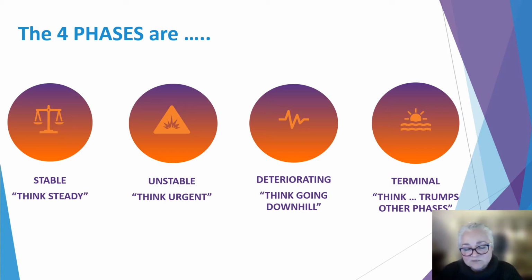If the person has moved into a terminal phase, this is indicative of the last days of life, and therefore the terminal phase trumps all the other phases. If that person has moved into a terminal phase or last days of life, things that you need to make sure of is that all of the things that were discussed, all the wishes, all the care needs, all the distress issues have all been addressed, and that your care plan reflects a completely comprehensive approach to the end of life of this person.